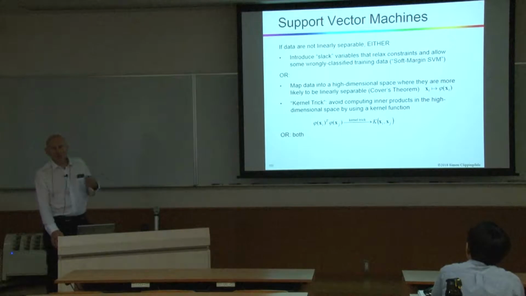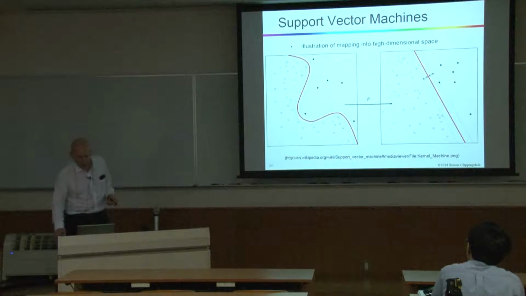But to avoid the increased amount of computation that's usually associated with high-dimensional spaces, you can do a thing called the kernel trick, which avoids computing inner products in this high-dimensional space by replacing inner products with this so-called kernel function. This is known as the kernel trick, or you can do both.